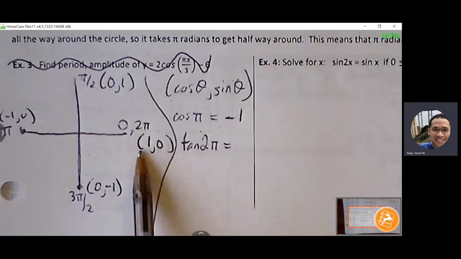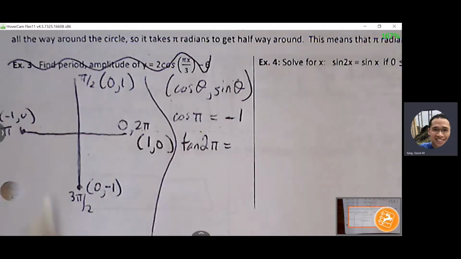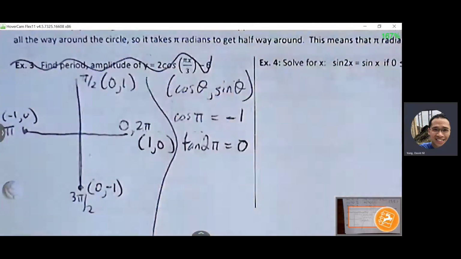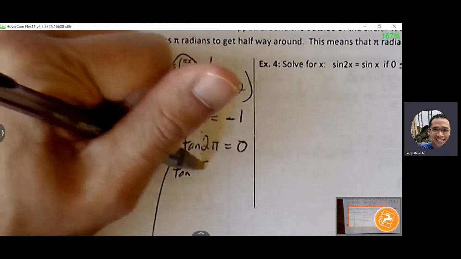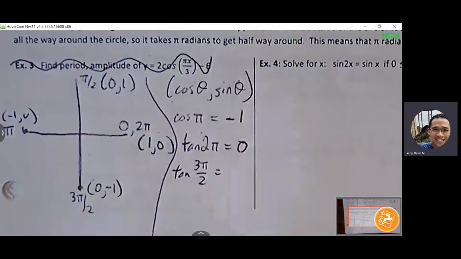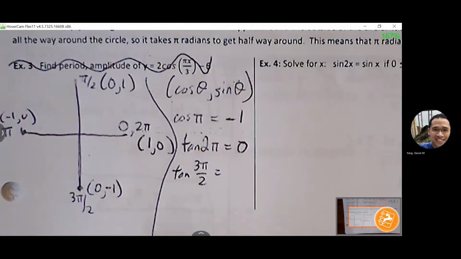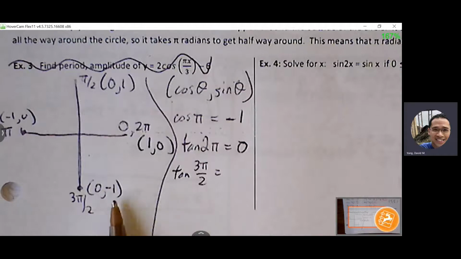You know tangent is y over x. 0 over 1 is a real number. 0. Okay. A few more examples here. Tangent of 3 pi over 2. Yes. Y over x, -1 over 0, undefined.